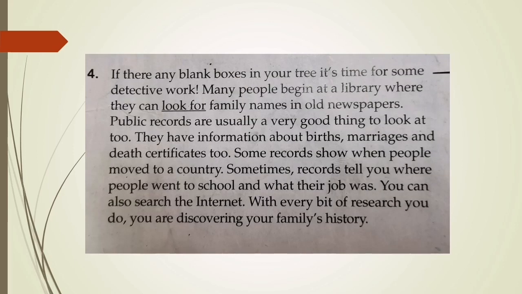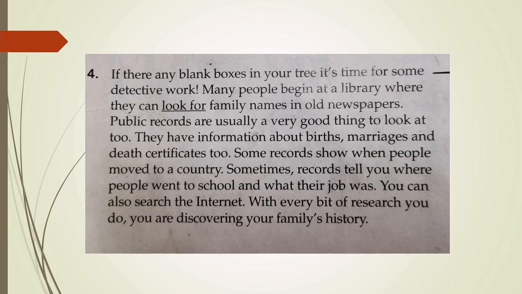4. If there are any blank boxes in your tree, it's time for some detective work. Many people begin at a library where they can look for family names in old newspapers. Public records are usually a very good thing to look at too. They have information about births, marriages, and death certificates too.